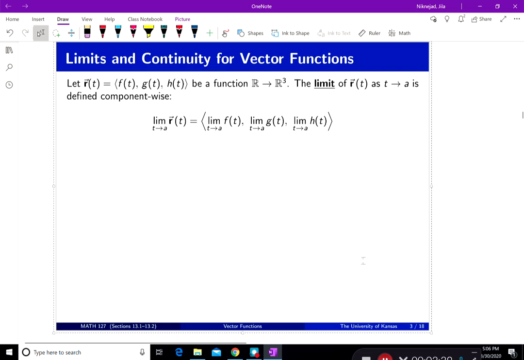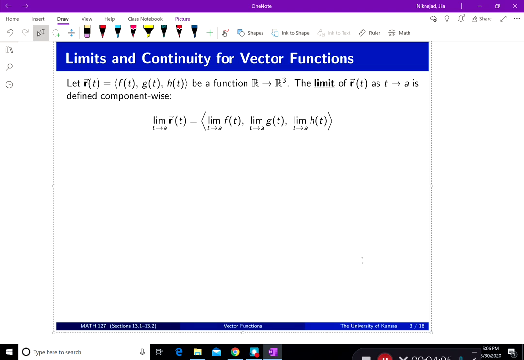Now, what does it mean for limits and continuity for vector functions? Again, a vector function has multiple components. There's the i, j, and k components, and let's think about the vector function that goes from R to R3.